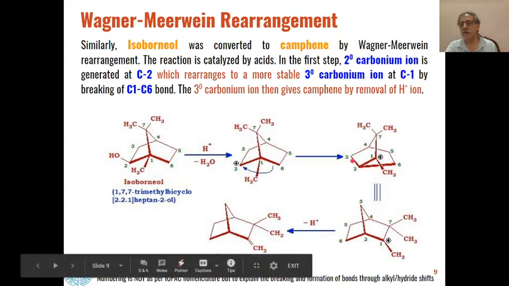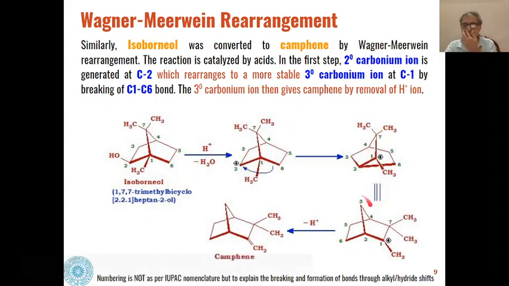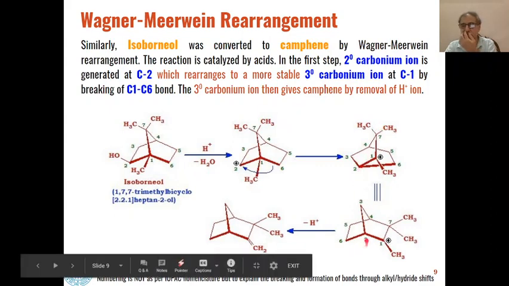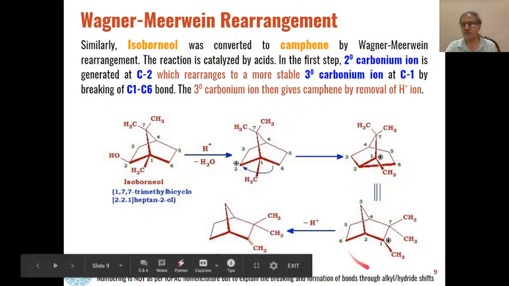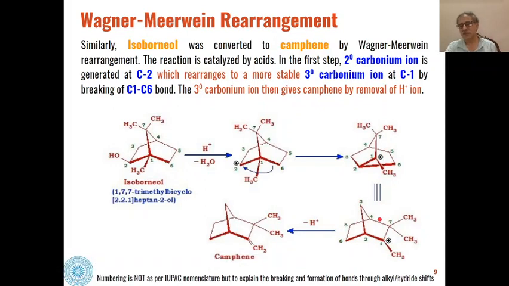This will become upside 3, and 3 is joined to 2, and 2 is joined to 6 and 5. This will go to this side, this will go upside, this will go downside. So this is how this will change into this structure, and both these structures are equivalent structures.